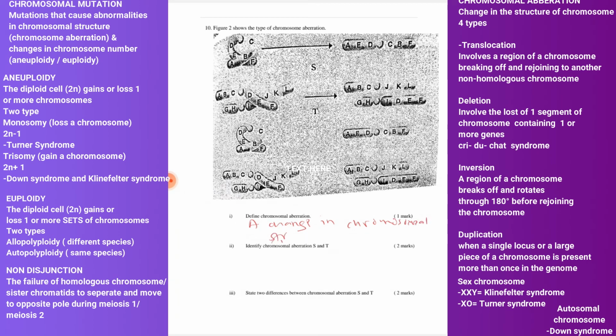Identify chromosomal aberrations S and T. S refers to inversion, and T, of course, lost a segment of chromosome, which broke off and joined back again, so T is translocation.